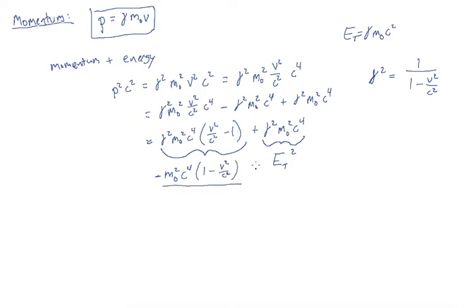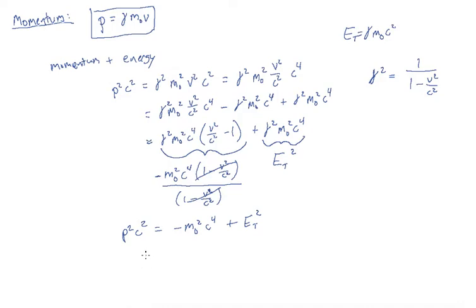And then gamma squared, as we just found, is 1 over this. So that puts in the denominator a 1 minus v squared over c squared. All right? And then these two terms will just cancel. And so that leaves me with minus m naught squared c to the fourth plus energy total squared equals p squared c squared.